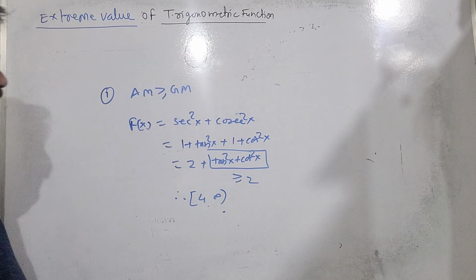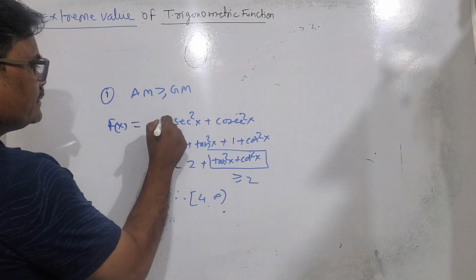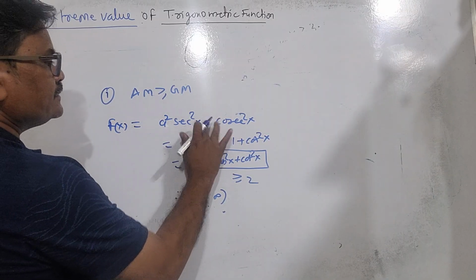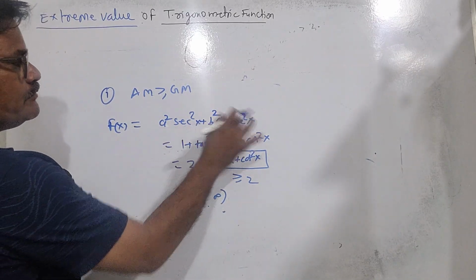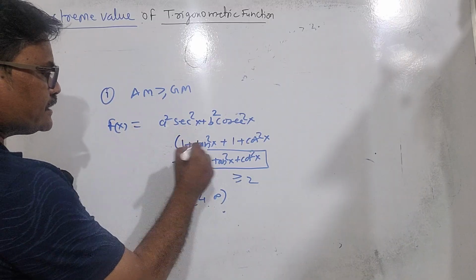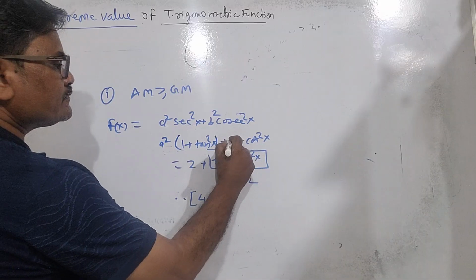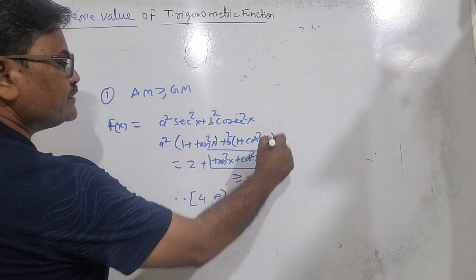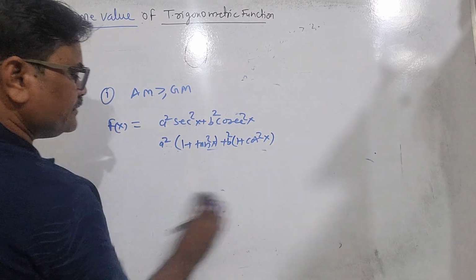Got it? And also the last problem, suppose that f(x) equal to a square sec square x plus b square cosec square x. So here sec square x is multiplied by a square, 1 plus cot square x is multiplied by b square, correct? So here we are having like that. What we are having?